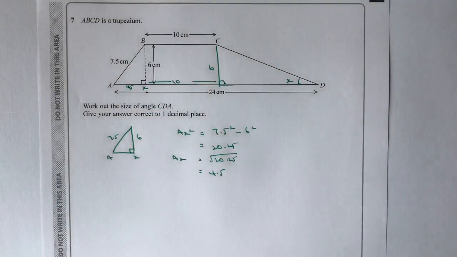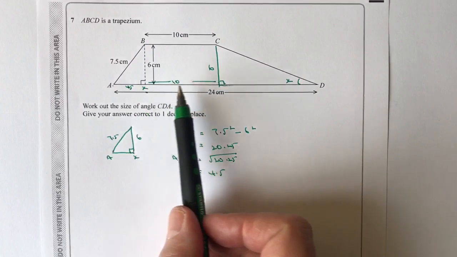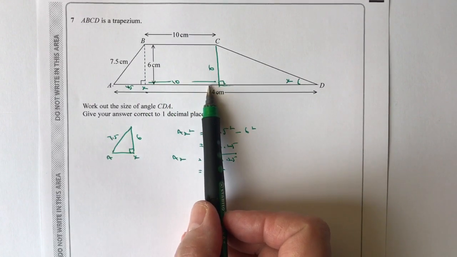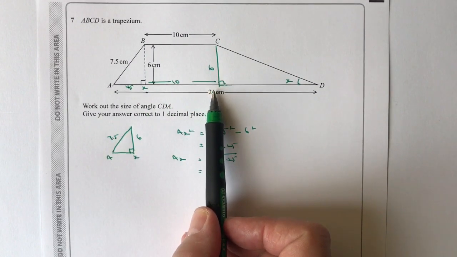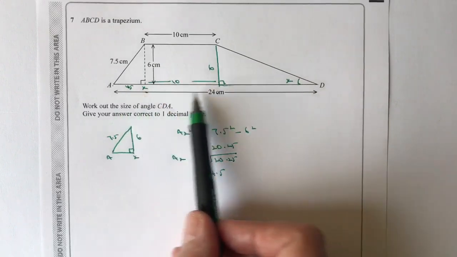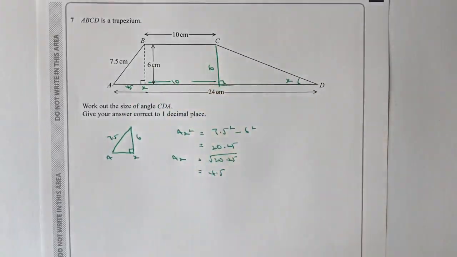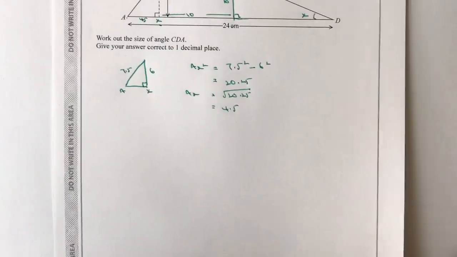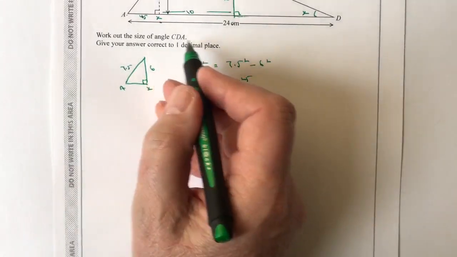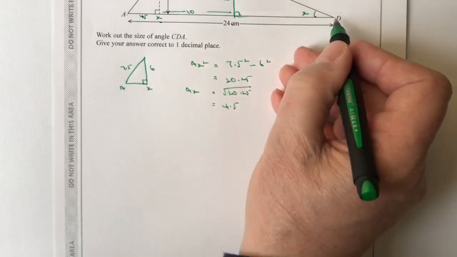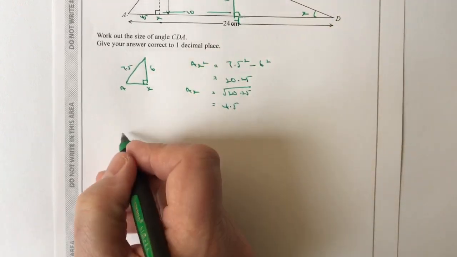So I can calculate that 4.5 plus 10 means that the length along here is 14.5, and the length overall is 24. I'll call this d, and this is going to be y.